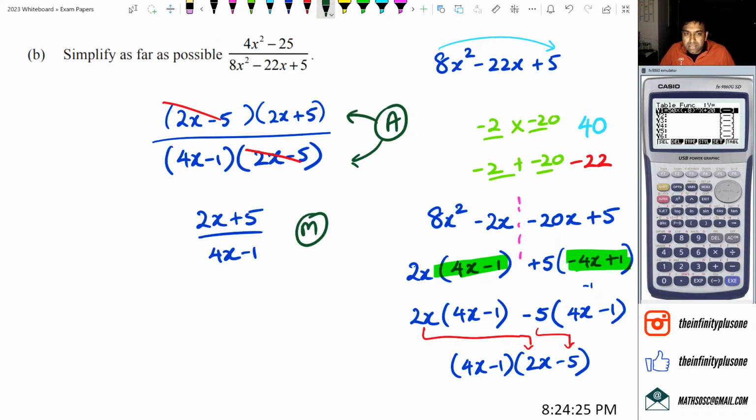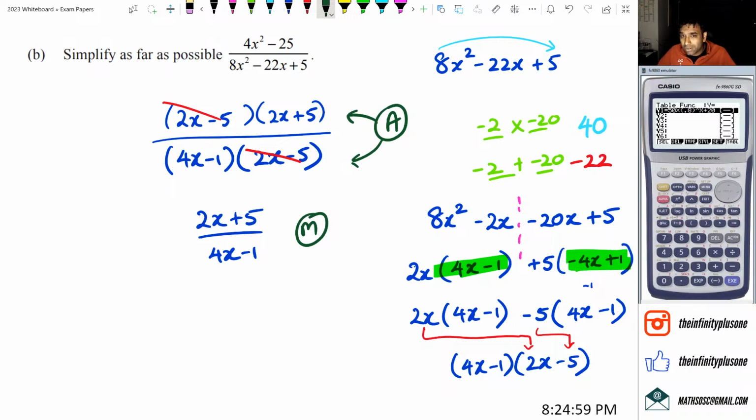So, guys, just a little bit of a hint for you. If you do stuff it up, there is a little trick. Because you know the top bracket is really easy to do, then you know that one of those brackets at the bottom is going to be either 2x minus 5 or 2x plus 5. And you can do a kind of guess and check that way as well. It's a bit of a hack, really, because when they say simplify as far as possible, they're going to have one common factor.